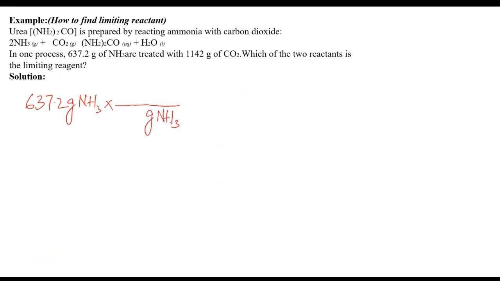Gram of ammonia. Mole of ammonia. Okay. Multiply, divide, then multiply, divide. Okay, what you have to calculate? Urea. So, what you have to calculate, just write grams of urea.